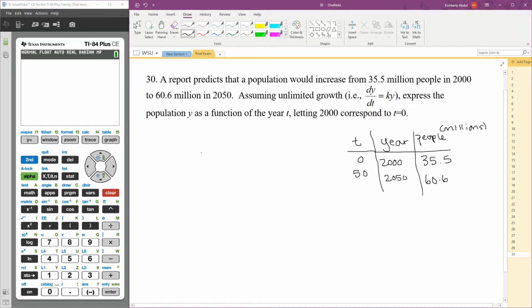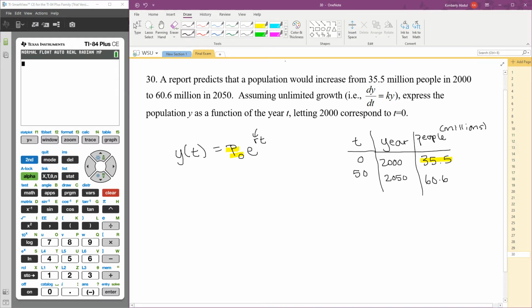So when there's unlimited growth, our function is going to take the form y of t equals the initial value times e to the rt. And we will need to figure out what r is. Our initial value here, P of 0, is going to be this 35.5.